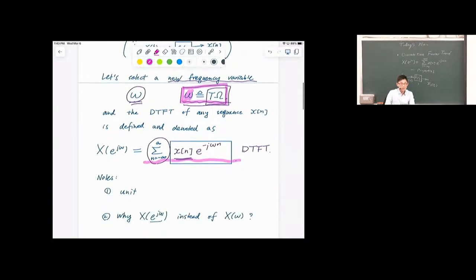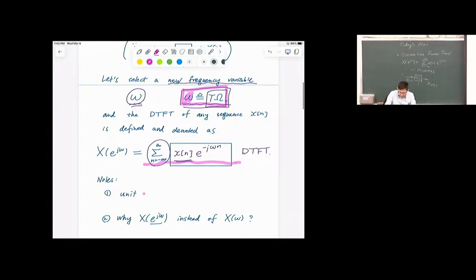To answer that, the unit should be time multiplied by radian per second. My answer is that the unit is time, which is, let's say, seconds, multiplied by radian per second.